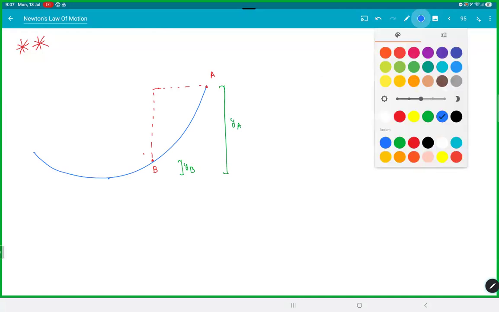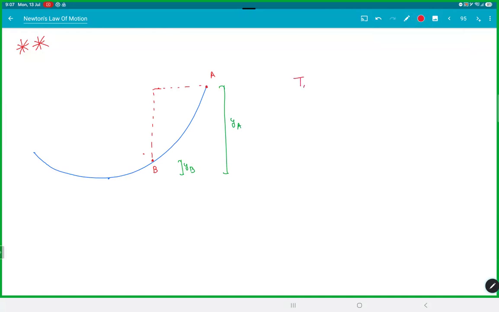So the difference in tensions, TA minus TB, will be simply M, the total mass of the rope, M by L into g into (YA minus YB), the difference in height. Independent of the shape of the string.